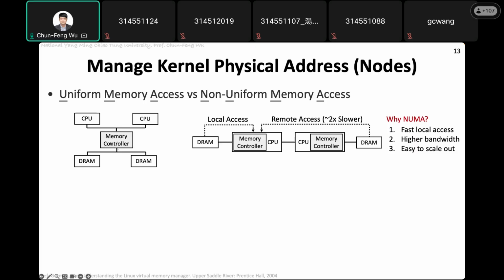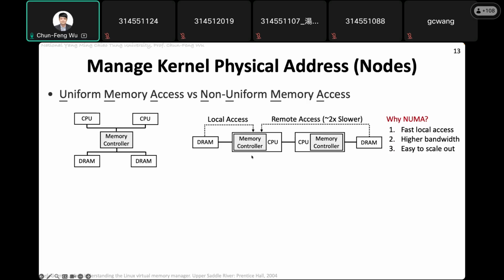So if the memory controller can only serve, for example, 10 DRAMs, then the overall bandwidth can be 640 GB, right? But for this architecture, this one can support 10 DRAMs, and this one can support 10 DRAMs. So overall, we can support 20 DRAMs here. So theoretically, you can get a higher bandwidth, but this is only theoretical.